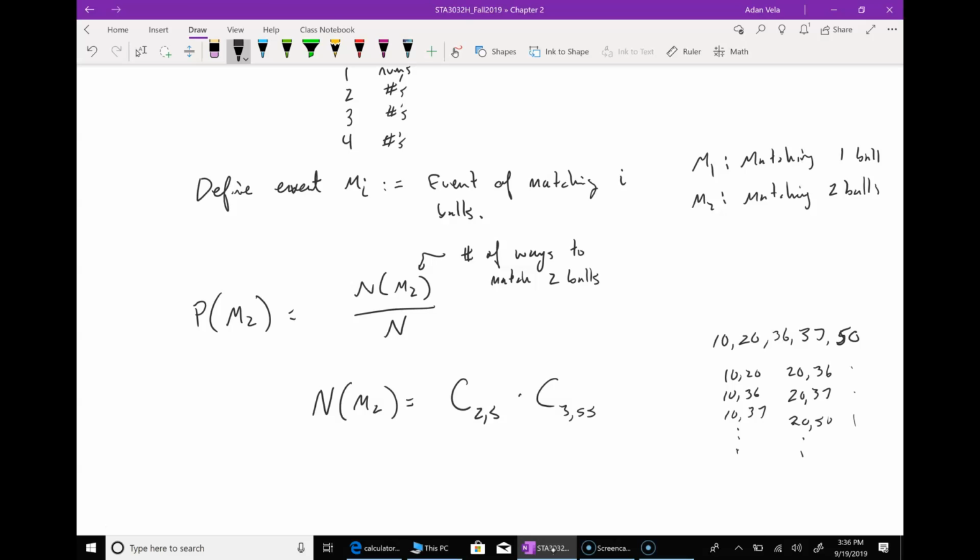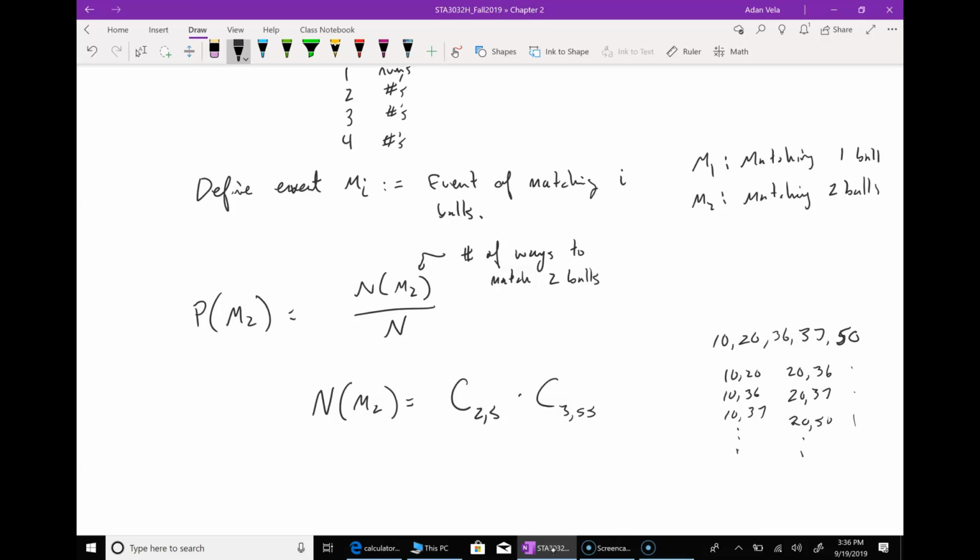And those 3 numbers have to come from the 55 numbers not included here, right? So there are 60 numbers. 5 of them have to be removed because those are my numbers. And so the 3 remaining numbers that get drawn are accounted for here. So that's the kind of way you want to think about it.